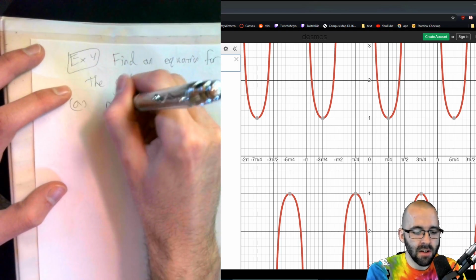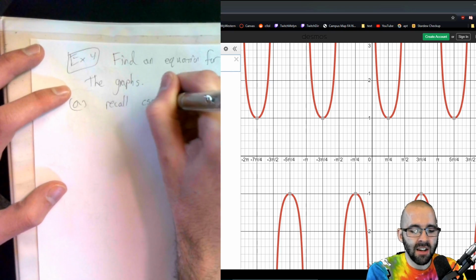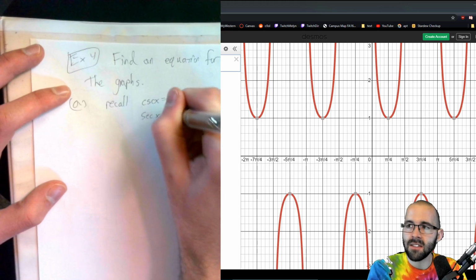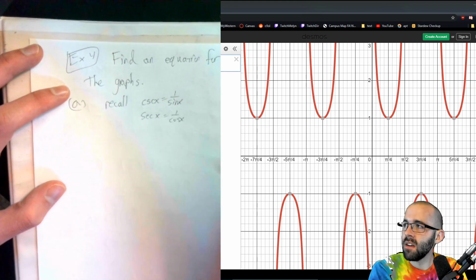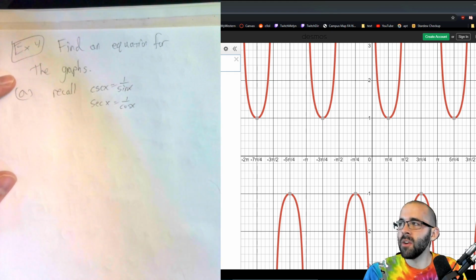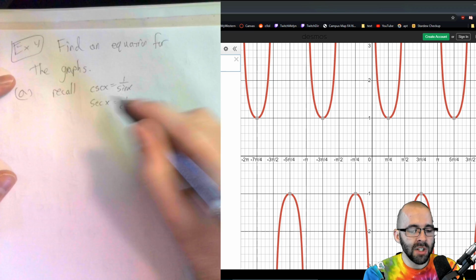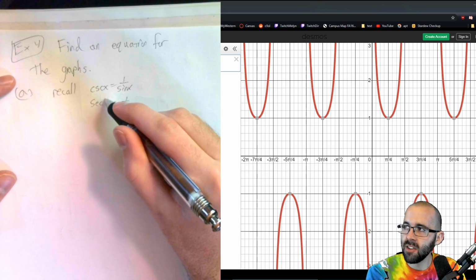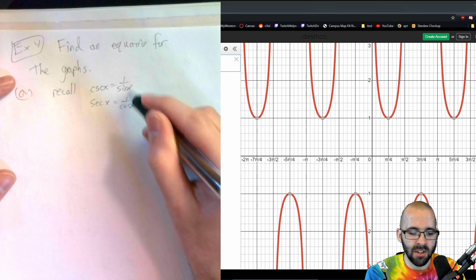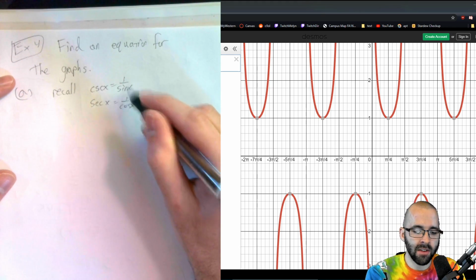Recall that cosecant of x is 1 divided by sine, and secant of x is 1 divided by cosine. All right. Well, here we know which one it is because it's undefined at 0. Which one of these functions is undefined at 0? Well, when this function is equal to 0.